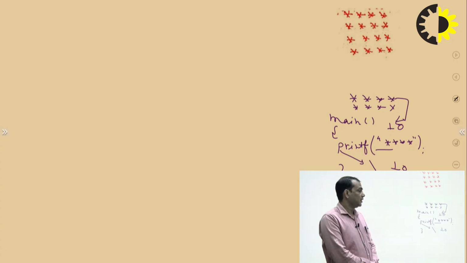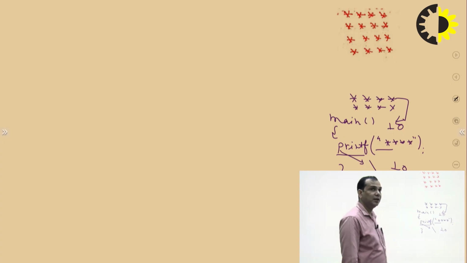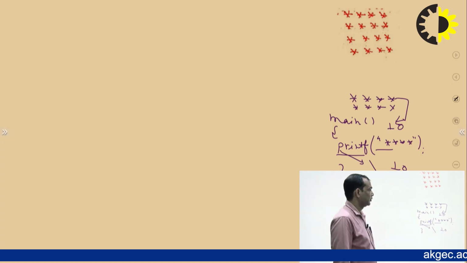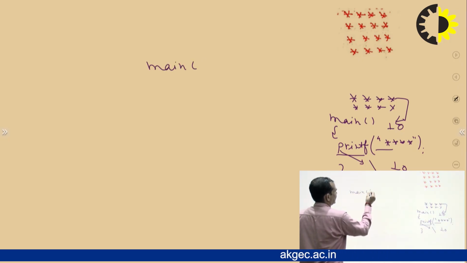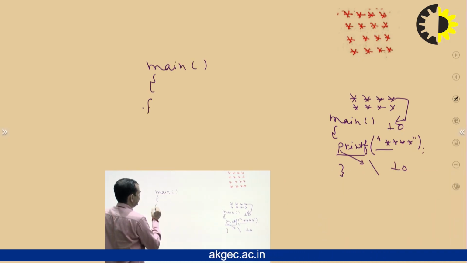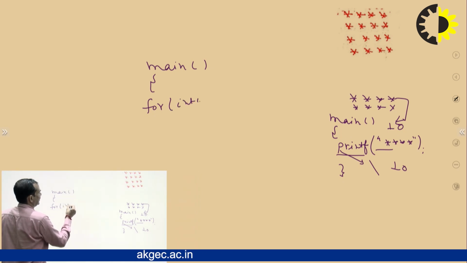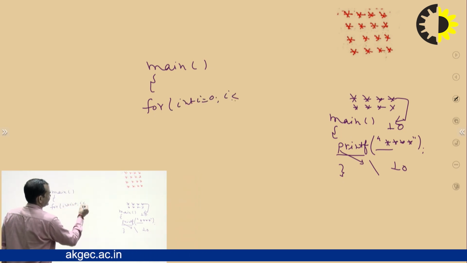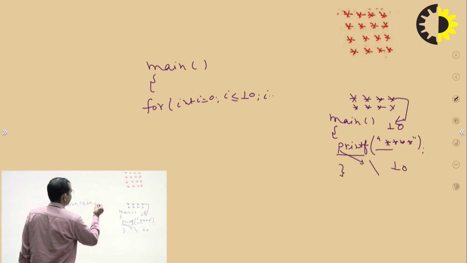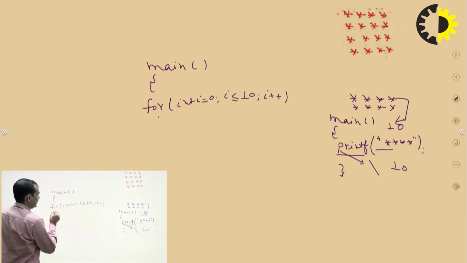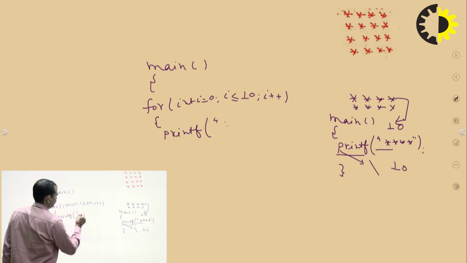In the previous lecture we understood loops. So better, we use the for loop inside this. We start the main, and here we use a loop: int i equal to 0, i less than or equal to, suppose here I apply the number 10, then i plus plus, and inside this we use printf.